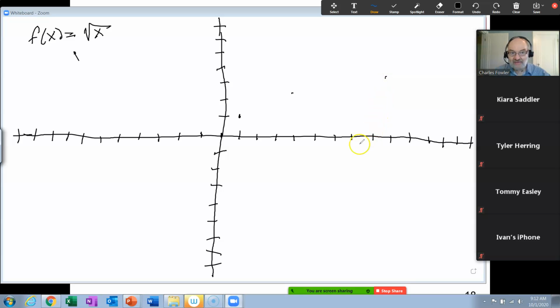I don't think I made it as far as 16. So the graph of this is half of a sleeping parabola. It comes up like this and heads through these points and keeps on going. If I got to 16, it would be at plus 4. So there's your f of x.